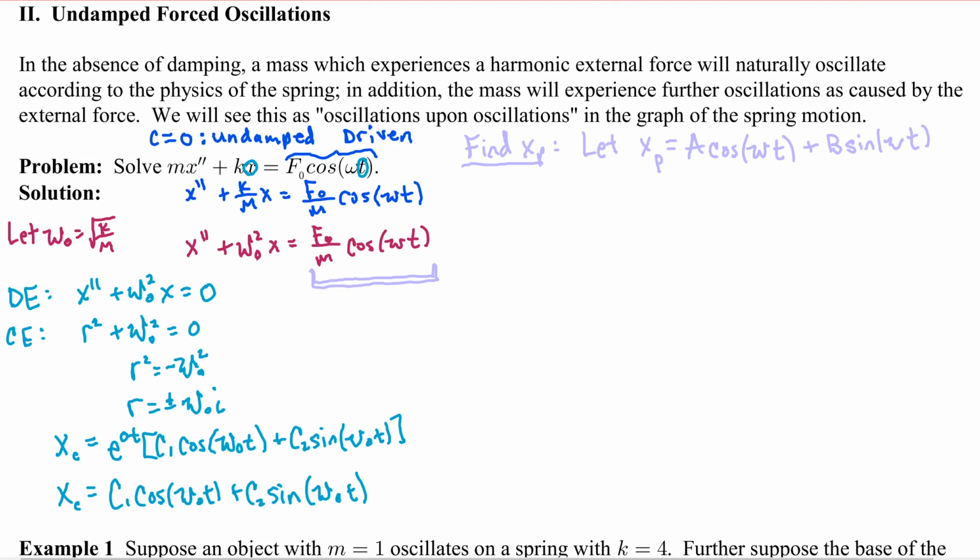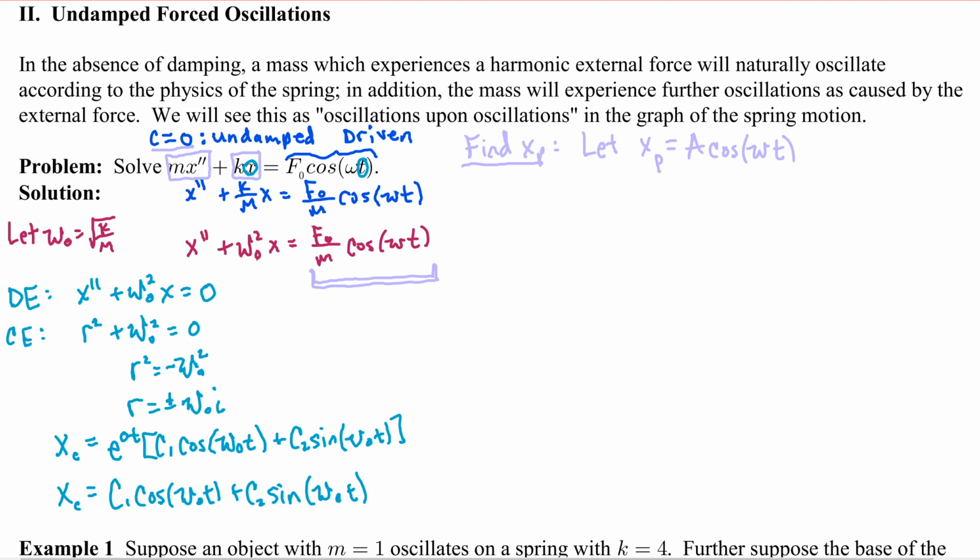However, if you notice, since we are missing our middle term, x prime, we have the original function x and the second derivative. If I differentiate cosine, I'm going to get negative sine, but then if I find the second derivative, I'm back at a cosine wave. So this second term is not necessary since that x prime term is missing. If you included it in the x p term, you would eventually find out that B equals 0.